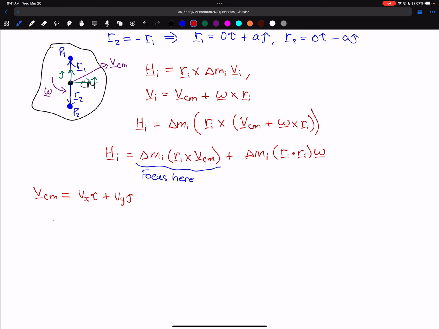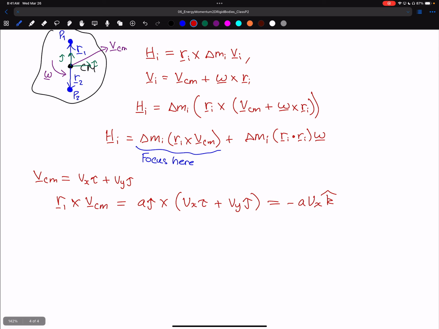Okay. So first, let's compute R1 crossed with V_cm. This is going to be a j crossed with Vx i plus Vy j. This is going to end up being minus a Vx in the k-hat direction.